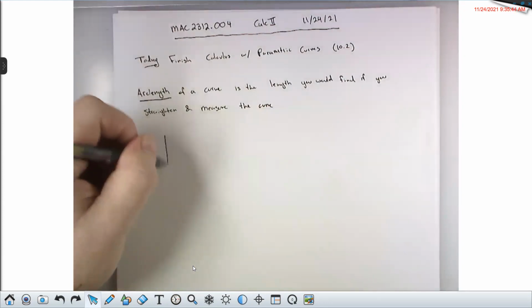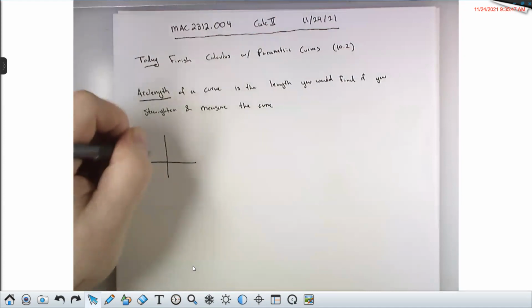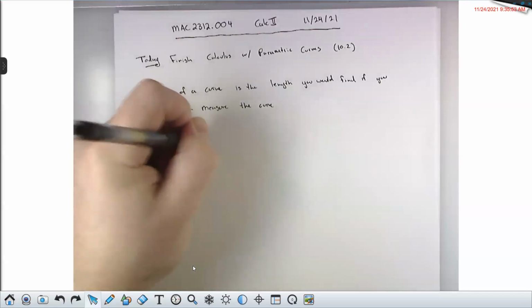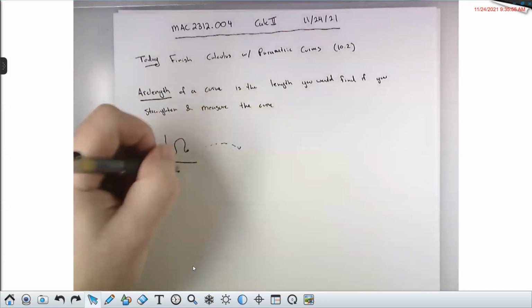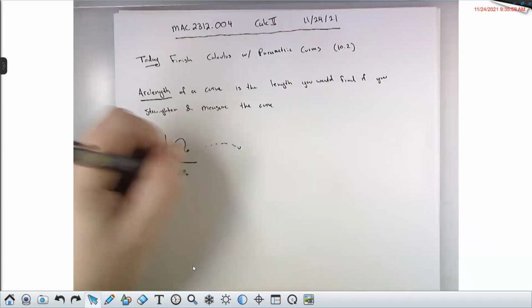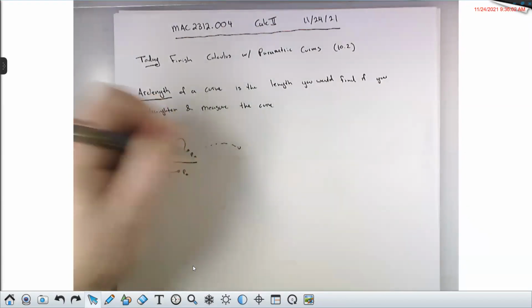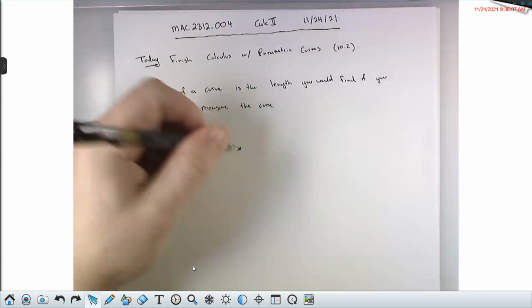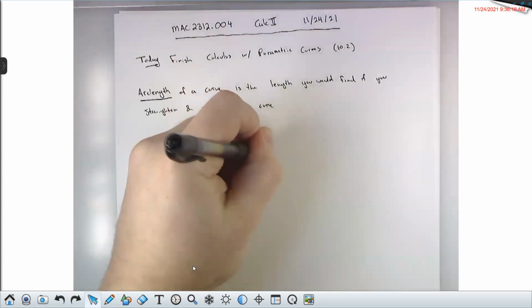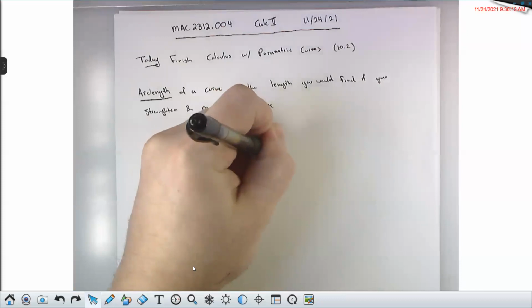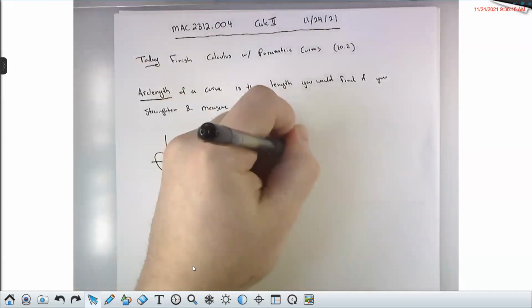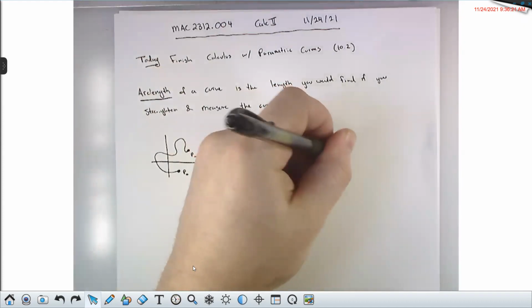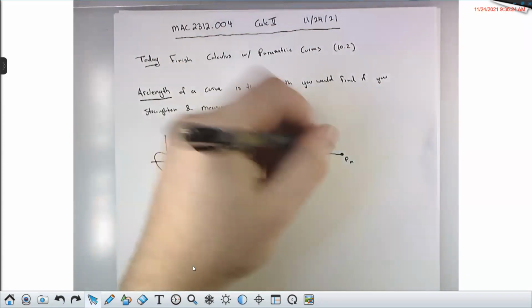All right, so if I have some plane curve like this, and I were to take that thing, call this P0 and call it Pn. If I were to take that curve and straighten it out and put it on a ruler, how long would it be? What's that length?